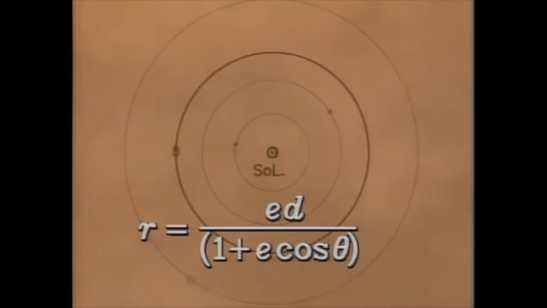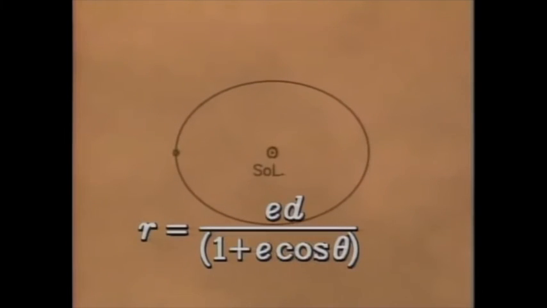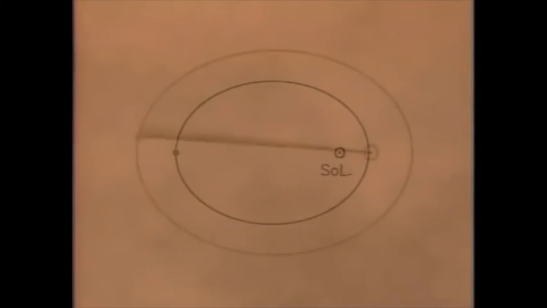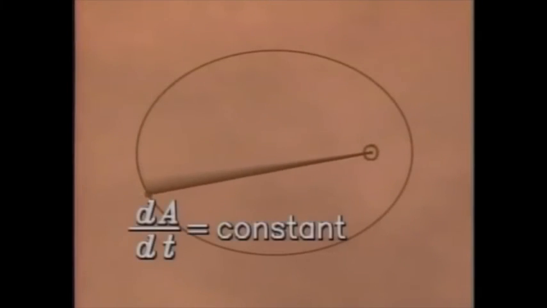Kepler's first law states that each planet moves in an ellipse with the sun at one focus. While waging war on Mars, Kepler found his second law. A line from the sun to a planet sweeps out equal areas in equal times.